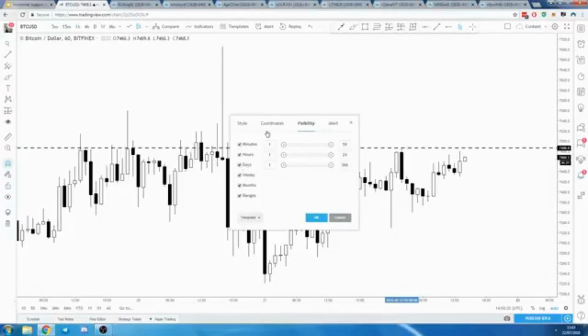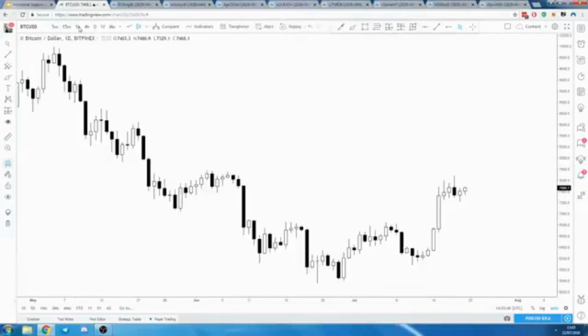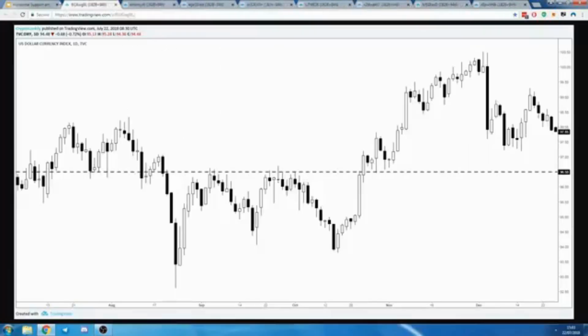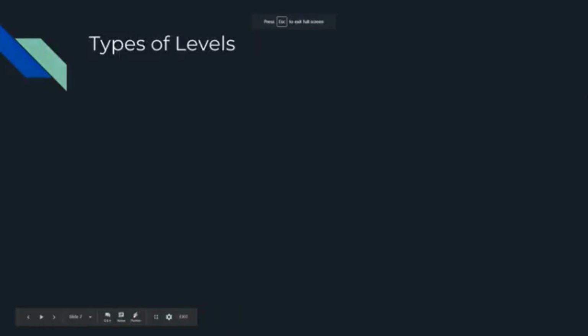If this is an hourly level, for example, and I don't want it to clutter my daily analysis, I will simply untick daily and it will disappear from there but stay on the lower time frame, which is very helpful. So let's move on to the more exciting stuff.